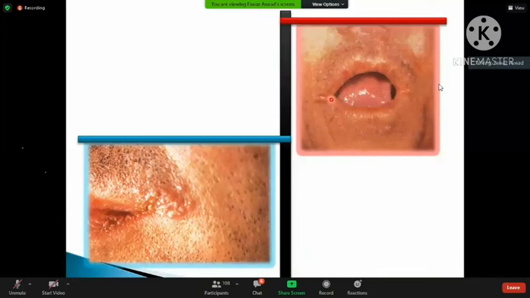For example, angular cheilitis, which presents as an eroded erythematous area at the angle of the lip, cracks at the corner of the mouth, and here it may be associated with a bacterial infection, specifically beta hemolytic strep or Staph aureus, or sometimes with a candidal infection.